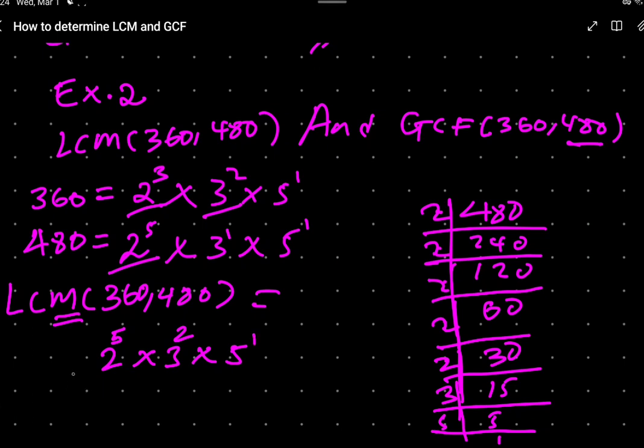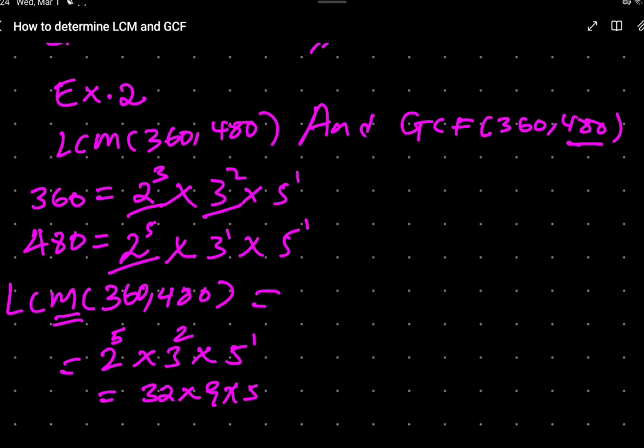Now this is equal to how much? This is equal to 32 times 9 times 5. Now let's do this. 9 times 5 is 45. 45 times 32 you can do. 2 times 5 is 10, you got 1. 4 times 2 is 8, 8 plus 1 is 9. 3 times 5 is 15, you got 1. 3 times 4 is 12, plus 1 is 13.